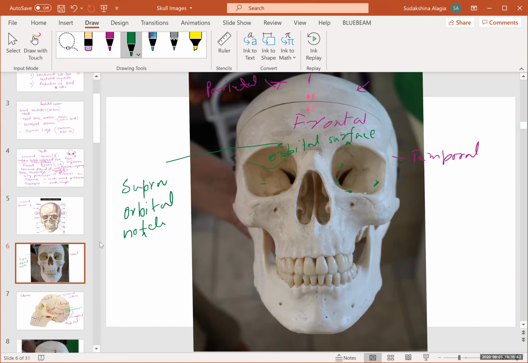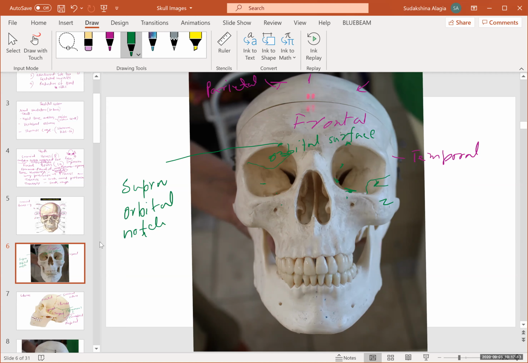Similarly, you can identify, oh yes, that cheekbone, zygomatic. This is the zygomatic bone. So that means this must be the zygomatic orbital surface. This is the maxillary bone.